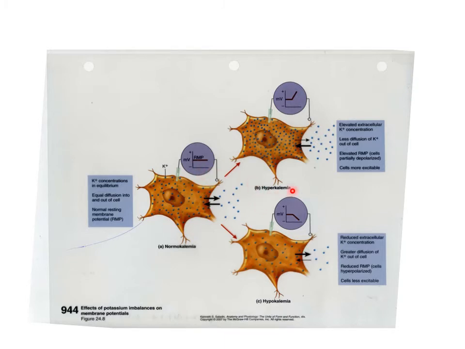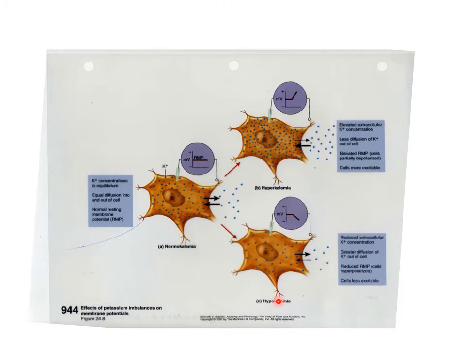Now, hyperkalemia: if you have too much potassium outside the cells, then you have less going out and a lot more going in, and that's going to elevate the resting membrane potential, which makes the cells partially depolarized, and the cells are more excitable. So that's hyperkalemia.